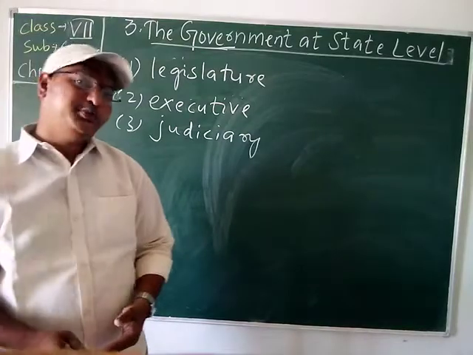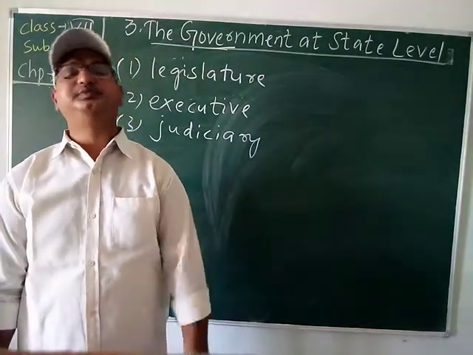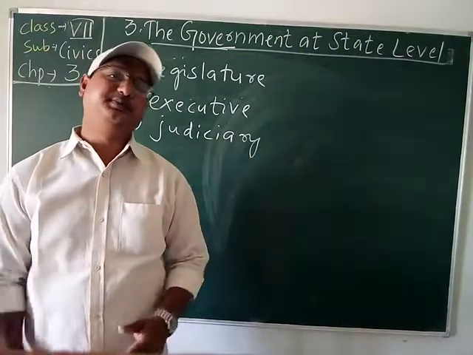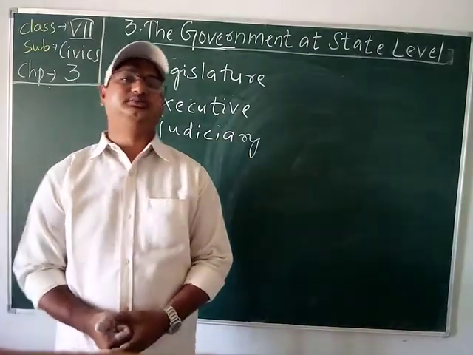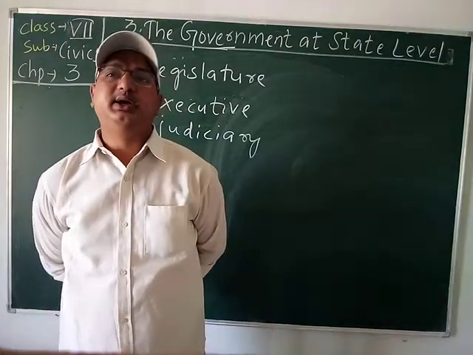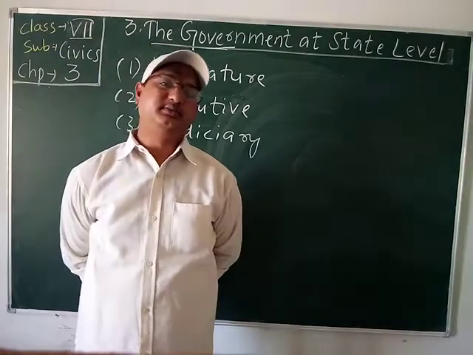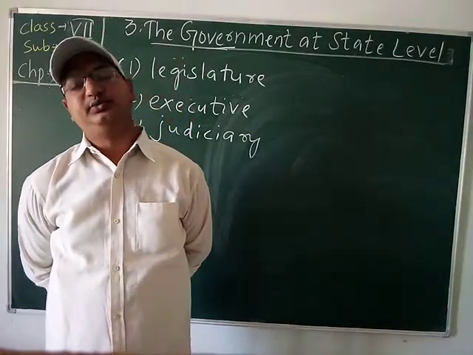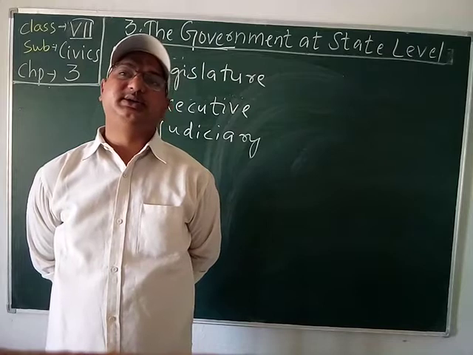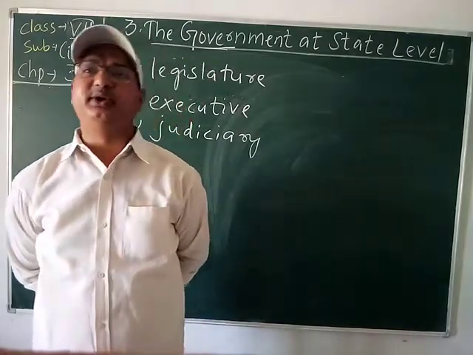Students, in the book, a picture has been drawn. I will tell you that at the top of the chart is the governor. Then he asks the CM to form the government, and the council of ministers is chosen by the CM. And as we all know, the governor is appointed by the President of India.